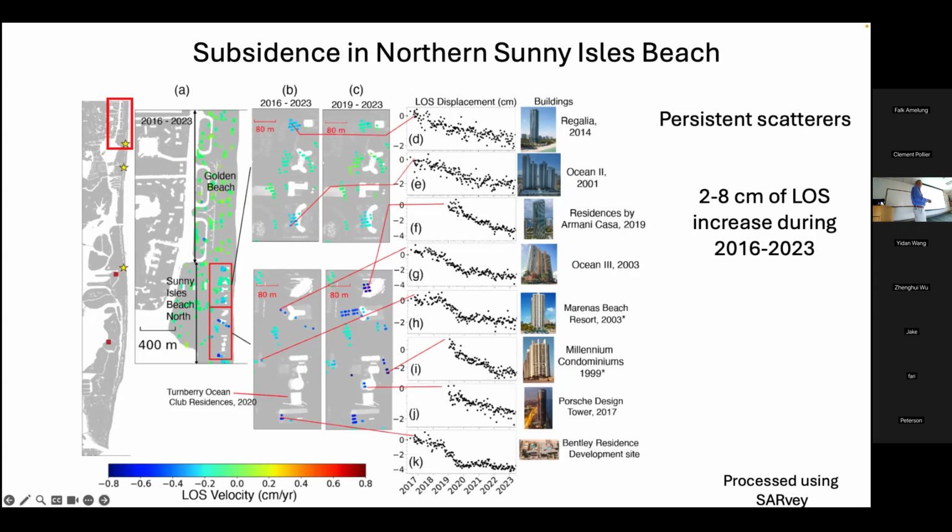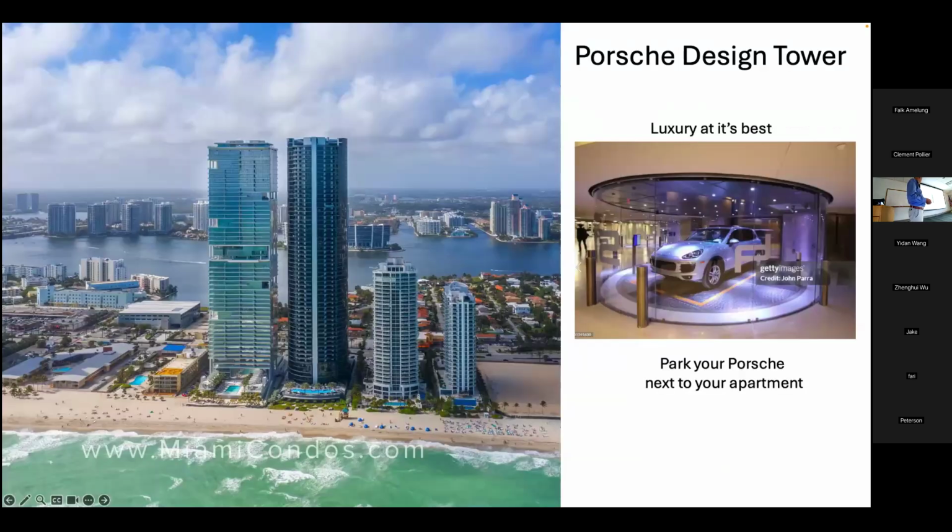This one shows more or less exponential decay of subsidence. So these are our signals. There's an old building here, the Bentley residence development site, that suddenly shows subsidence. It has been torn down since then, and there's a new high-rise being built, the Bentley Residences.